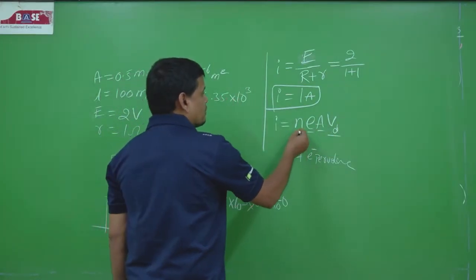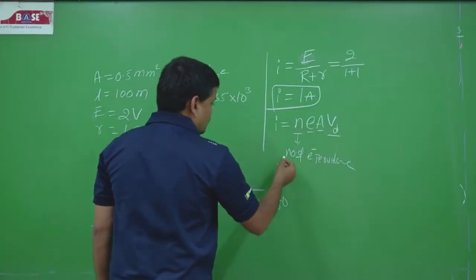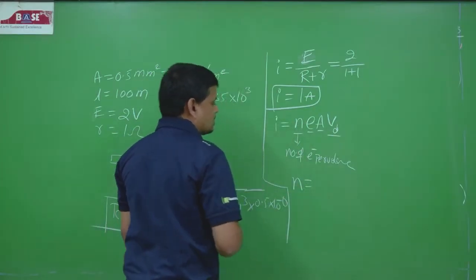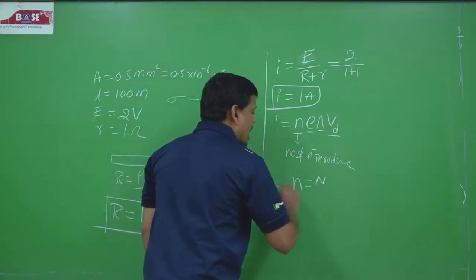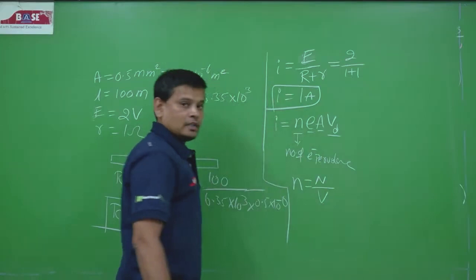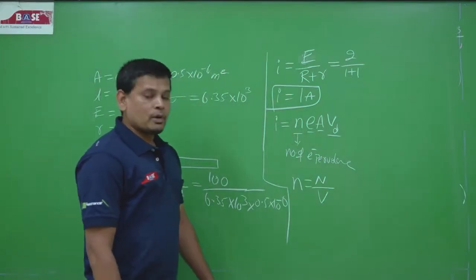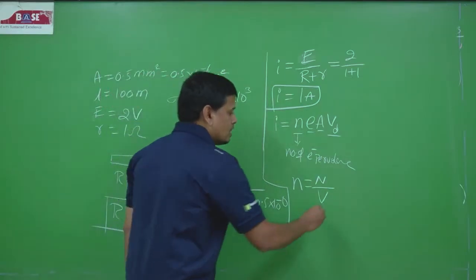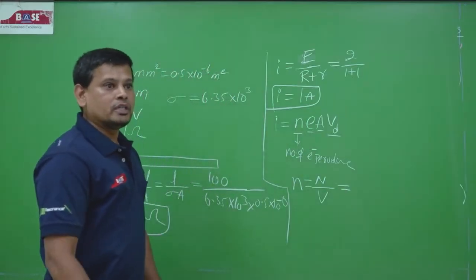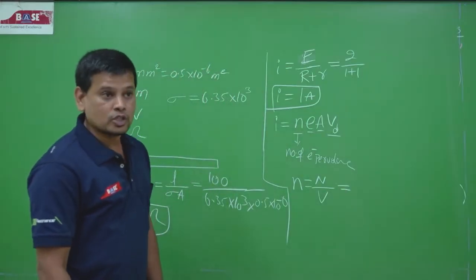Now, how are we going to find n first? Let me find the number density. n can be written as the number of atoms present in the conductor divided by the volume of the conductor. The number of electrons depends on the mole value, and we are given the number of moles also.